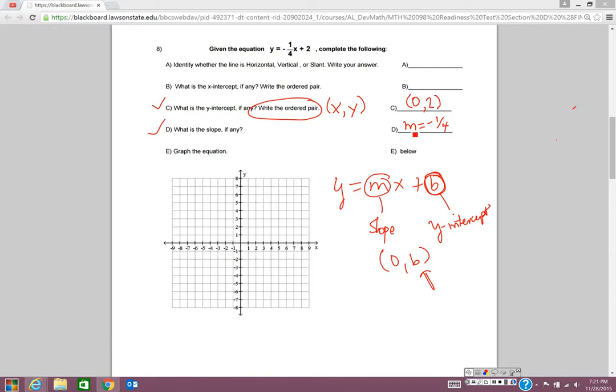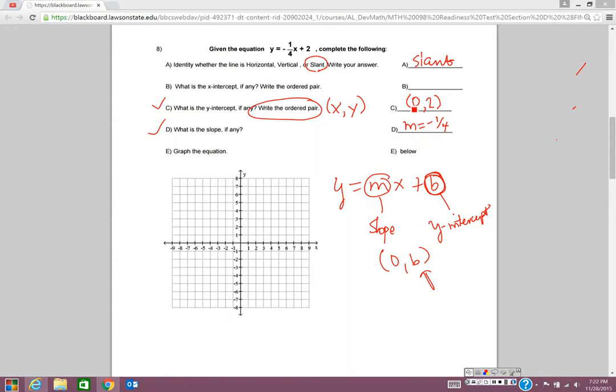Again, one way that you can tell that this is a slant line is because you don't have y equals a plain constant or x equals a plain constant. So you know this is slant, but I will prove it when we graph. What is the x-intercept?